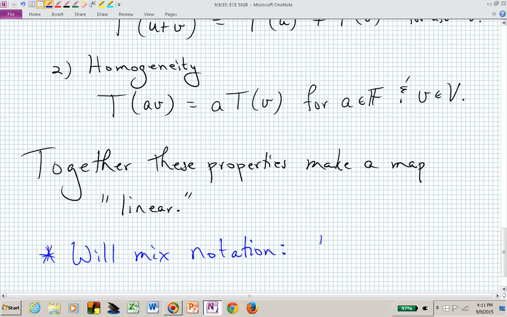By that I mean I may write T with V explicitly identified as the argument of T, or I may just say TV. And hopefully you all brought your remotes so that you could watch TV. No, not now, but I may use either of these two notations.